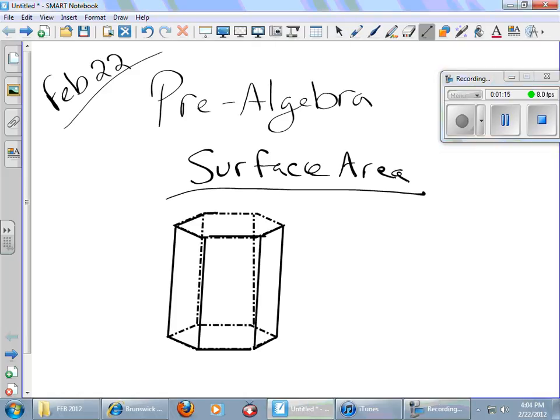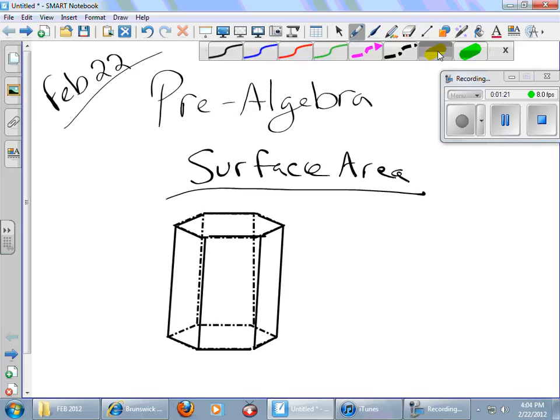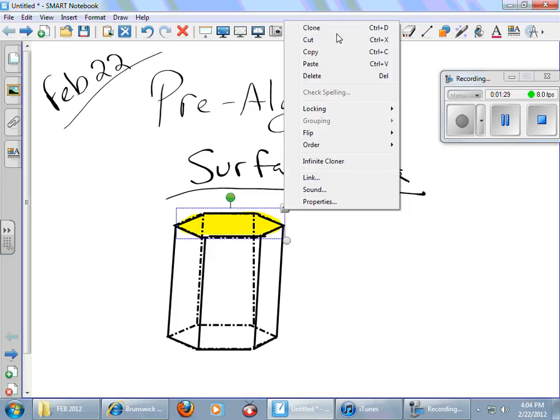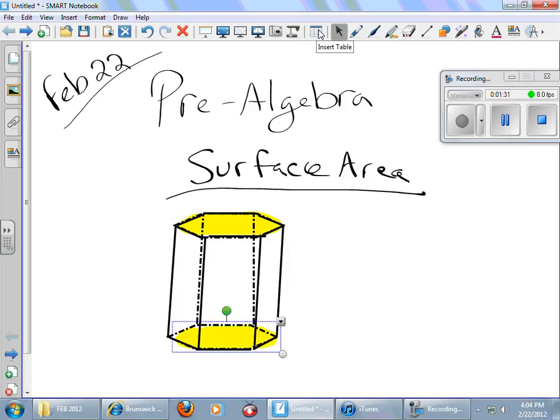Now, some of you can see the hexagons pretty simply. In fact, you see them, and I'm going to highlight them. There's a hexagon here, right? And then a congruent hexagon is down at the bottom, right here.